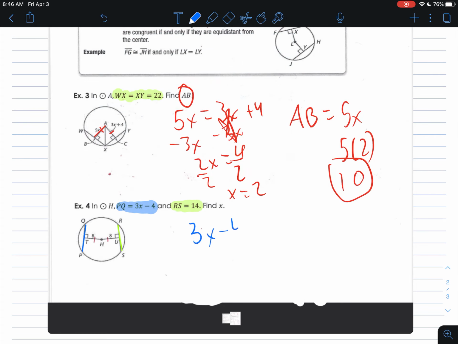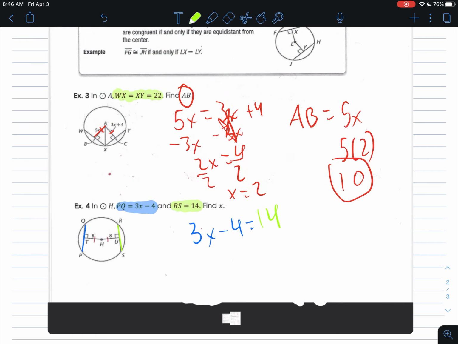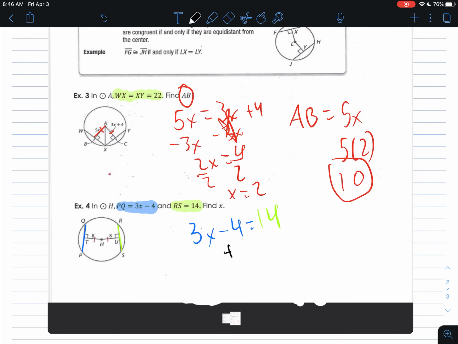We just set 3x minus 4 equal to 14. I'm using the same colors because then it's easier for you guys to see where I'm getting these numbers from. So then it's just a simple equation. You get 3x equals 18. Isolate the variable. X equals 6.